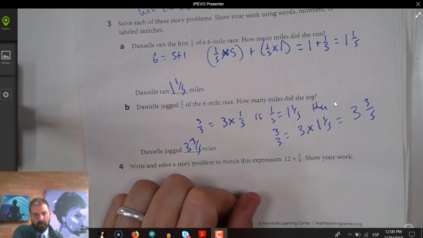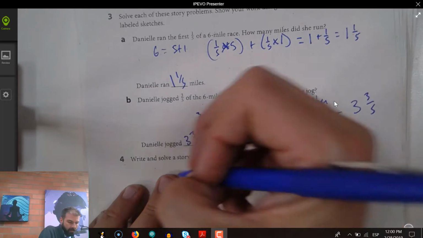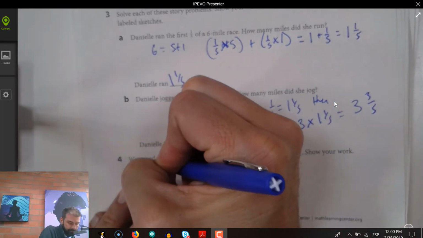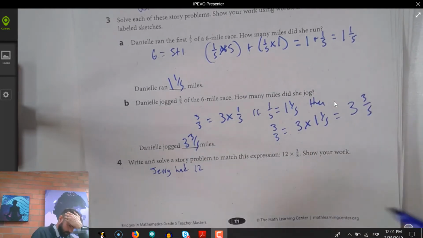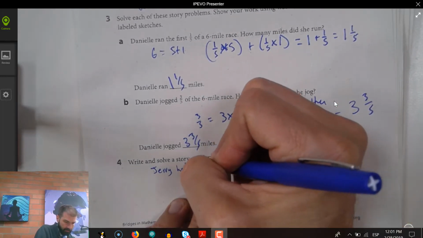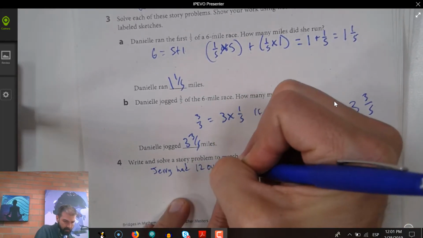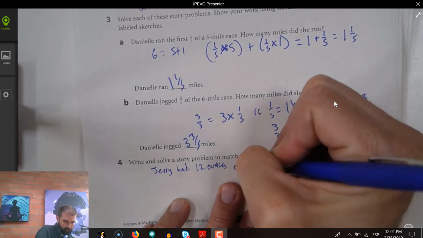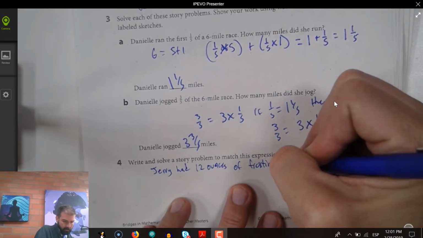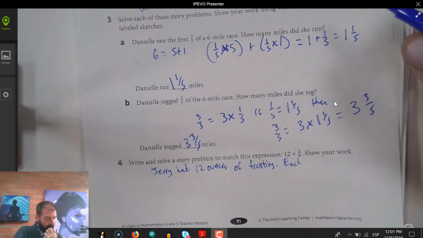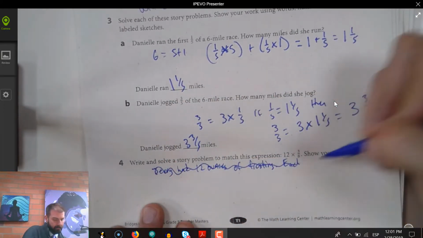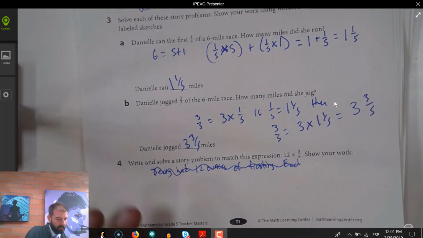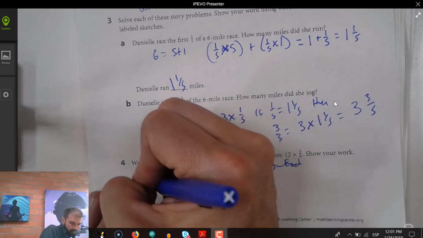So I'm going to say Jerry had 12 ounces of frosting. Yeah, but I don't know if I'm going to have a whole number. You know what? I'm not going to worry about it. I'm just going to say there was a 12-mile race.